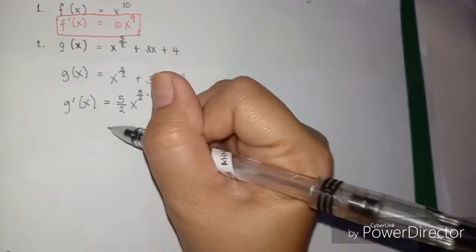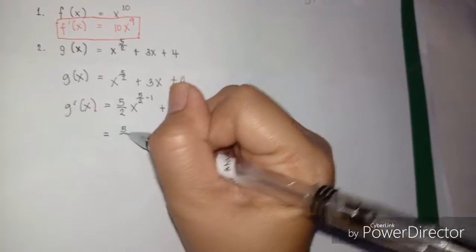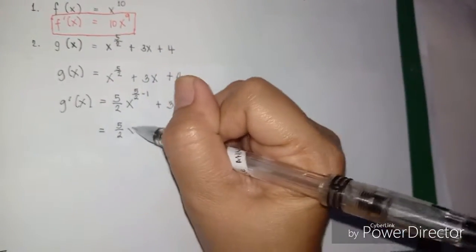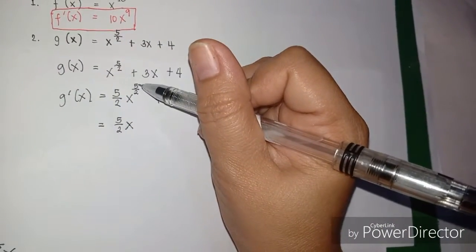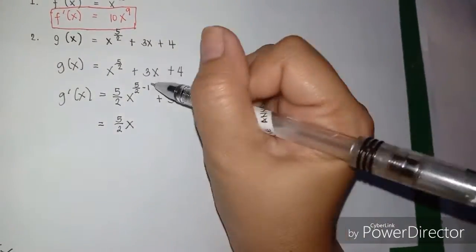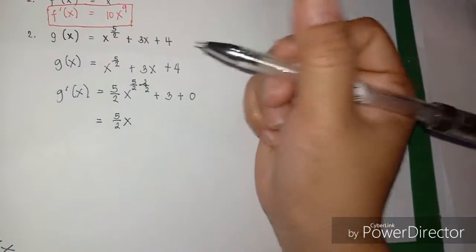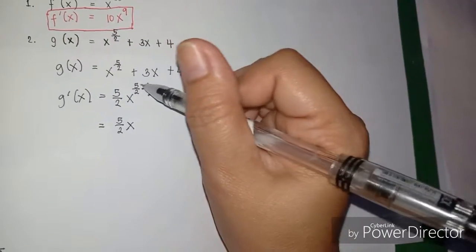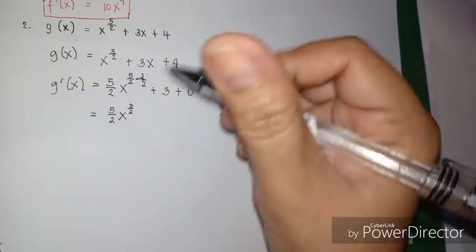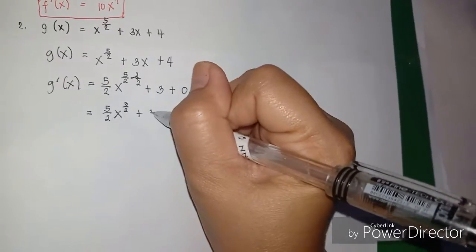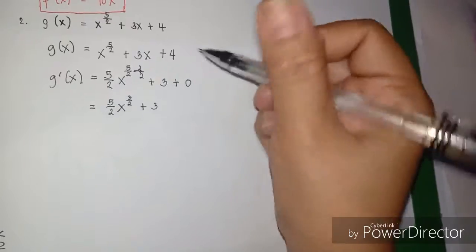So again, this is now equal to 5 over 2 x. The exponent now, we have here 5 over 2 minus 1. You can write it as 2 over 2. So 5 minus 2, this is 3, so over 2. Then plus 3. You need not write the 0.